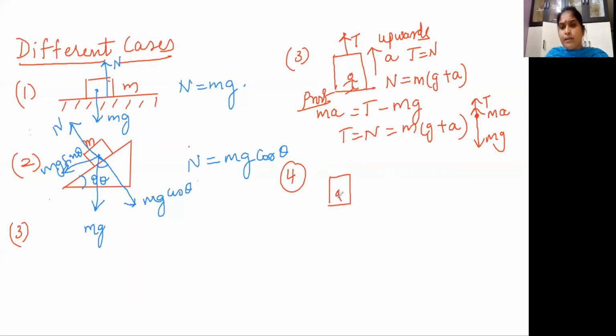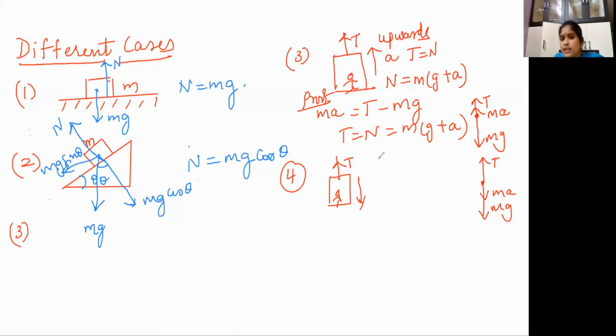Now you take a person moving downward in a lift. Tension is a pulling force, always acting vertically upward. So here weight is acting downward, acceleration is acting downward, but tension is acting upward.